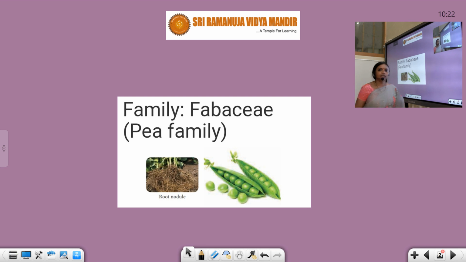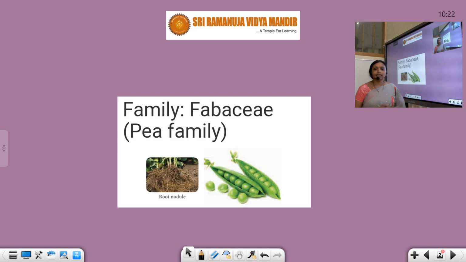When we describe a plant, a twig, when we describe the morphological features, that means how it looks externally, the description should be very brief, simple, and in technical terms. That is called the technical description of a plant. And it should be written in a very proper sequence.